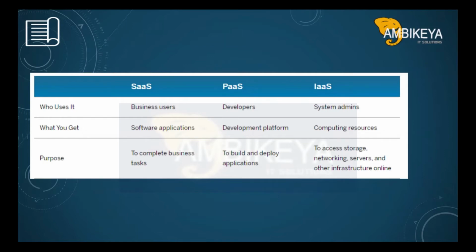PaaS is a development platform, and IaaS is a computing resource. The purpose of SaaS is to complete business tasks, because only business people use it. PaaS is to build and deploy applications, as I already told you. And IaaS is basically for storage and networking purposes, like Google Drive, where you are storing your pictures or documents.